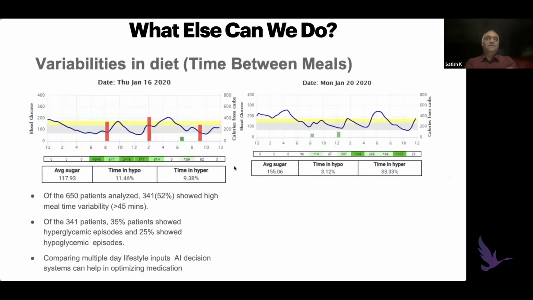So see here, we started to look at time between meals. We started to see whether there is an effect of when people eat on the sugar levels.